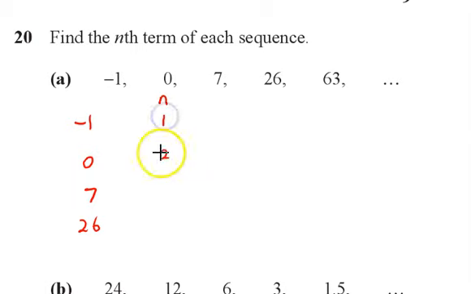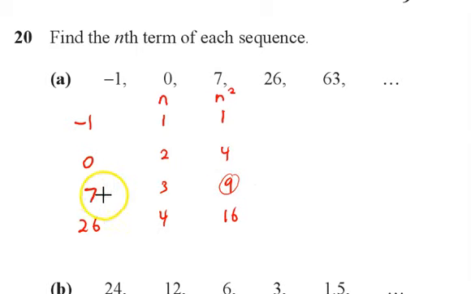So it's 1, 2, 3, 4, and we try with n square. 1, 4, 9, and 16. Okay, so this number is already over than this, so we can hold on. So we don't have to necessarily use the cube number, so we can just try with this.